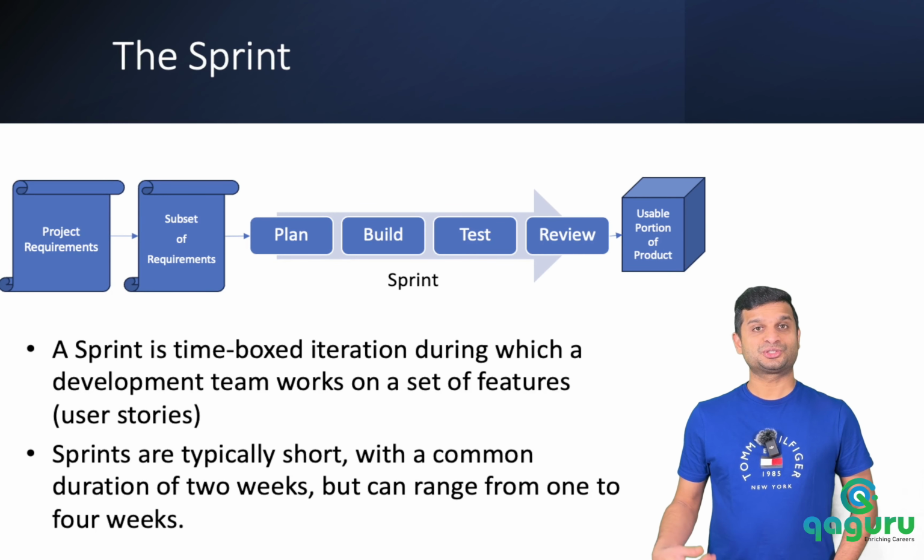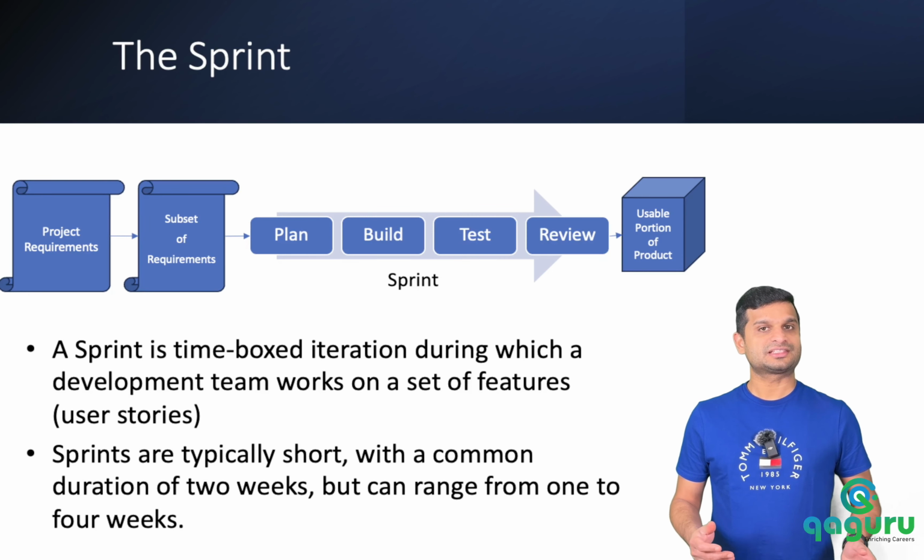A sprint is a short development cycle, typically lasting 2 to 4 weeks, and the duration of the sprint will be same throughout the project. So in simple terms, a sprint is a predefined duration of work in which the team focuses on a set of features or tasks. Let's try to understand it better. You have a large set of requirements for a project.